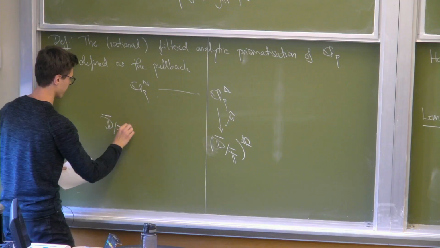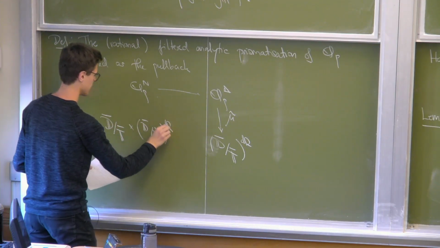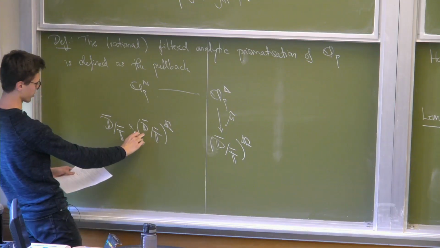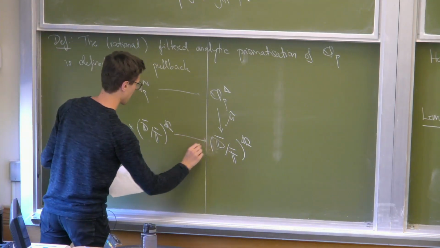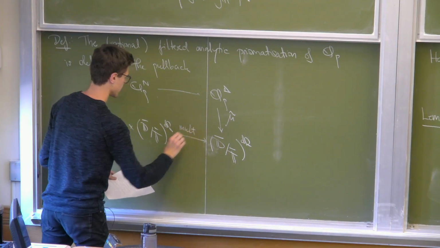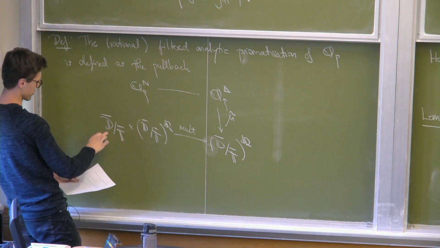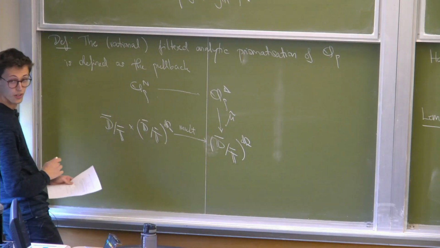I pull back along the following map. So I take 2 copies of this overconvergent unit disk, modulo the overconvergent torus. And for one of them, I take the de Rham stack. And now multiplication on this overconvergent unit disk induces a map like so.